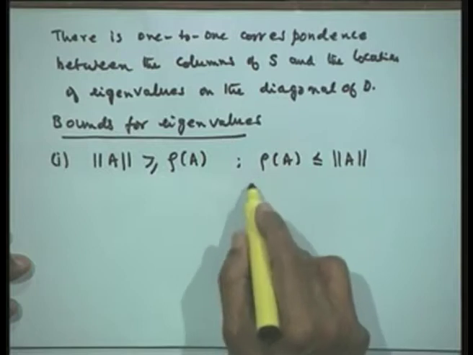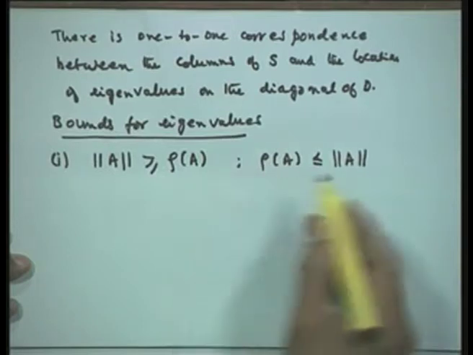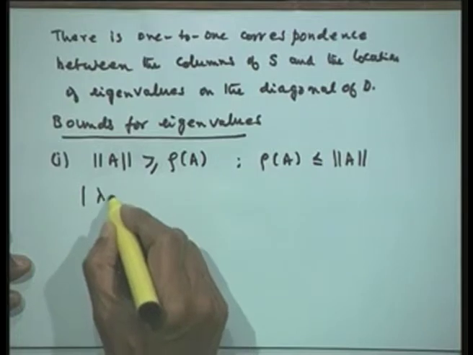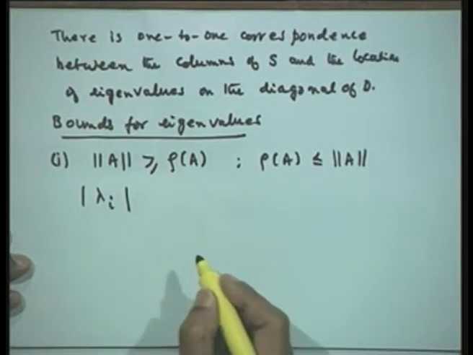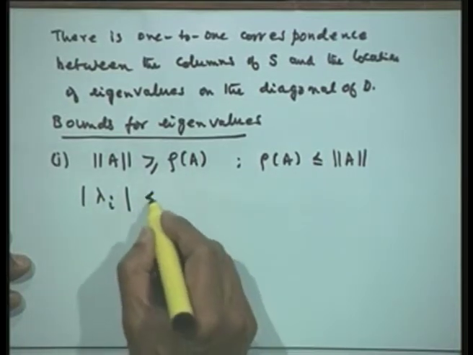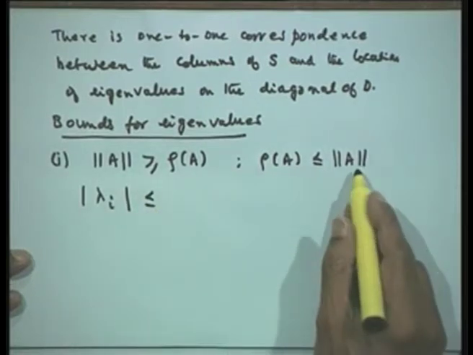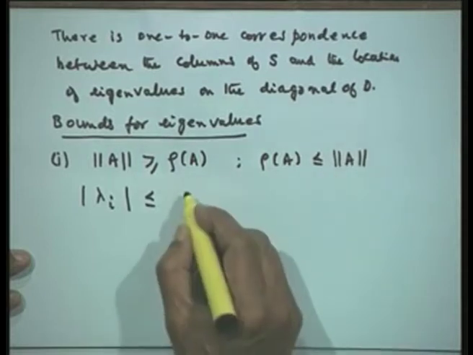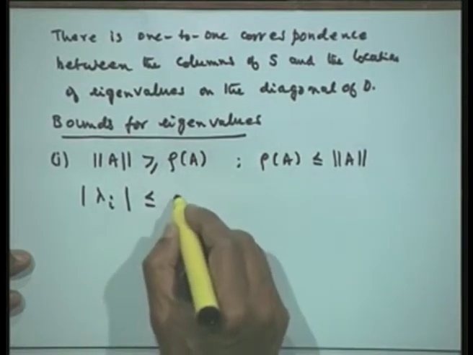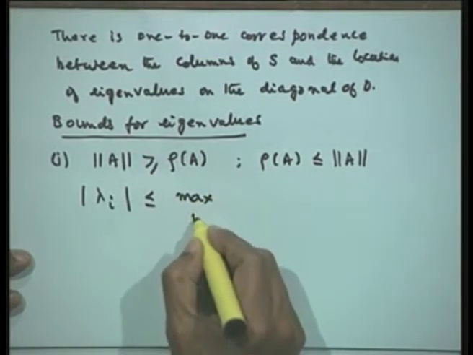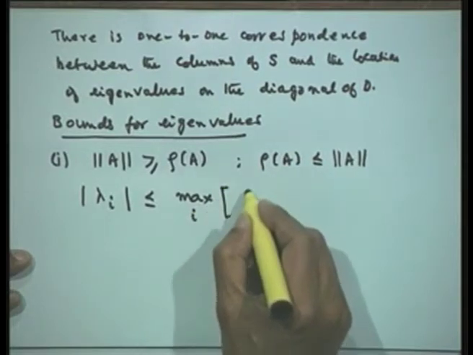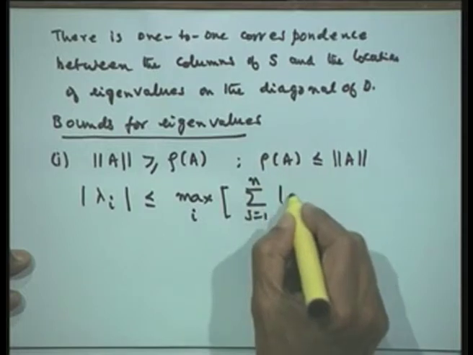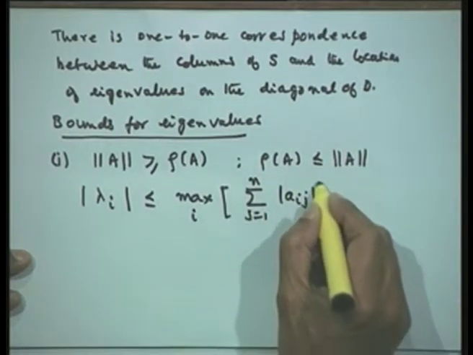So, all eigenvalues satisfy that magnitude of lambda i is less than or equal to, using any norm that we know, the maximum absolute row sum, that is the maximum with respect to i of the summation of all the elements in the row.